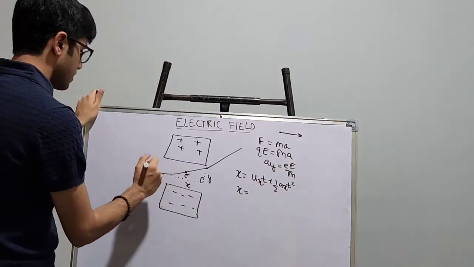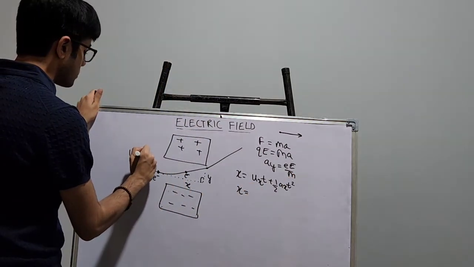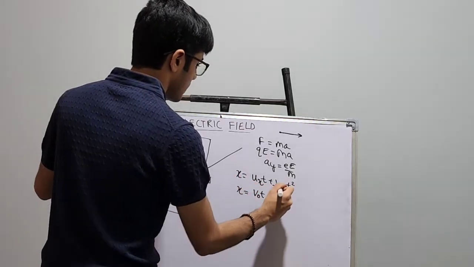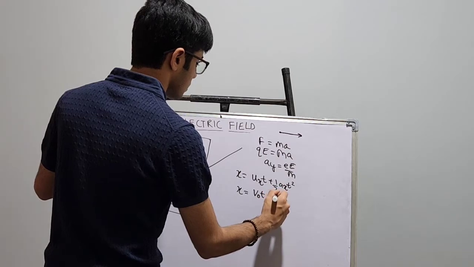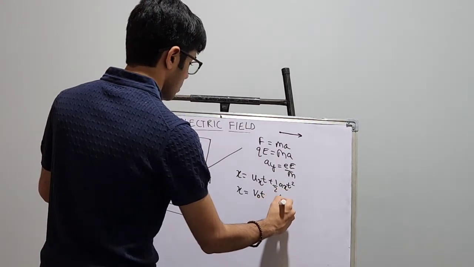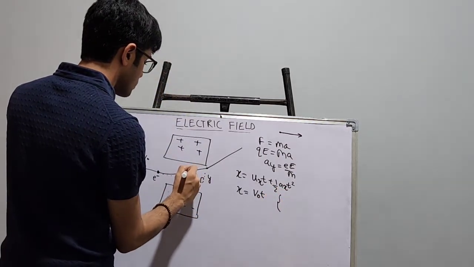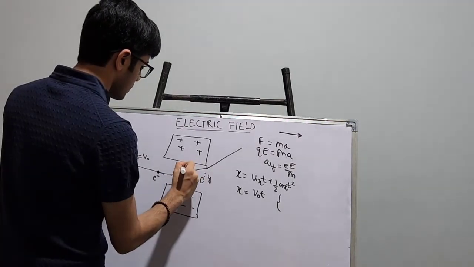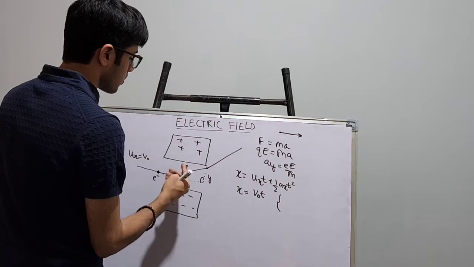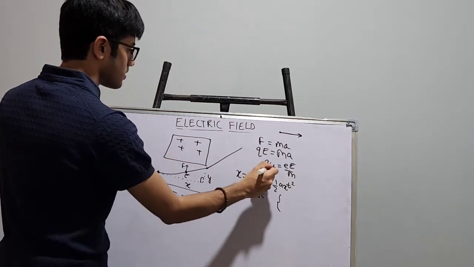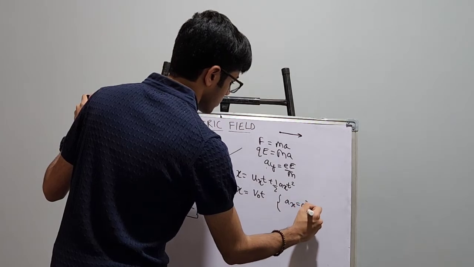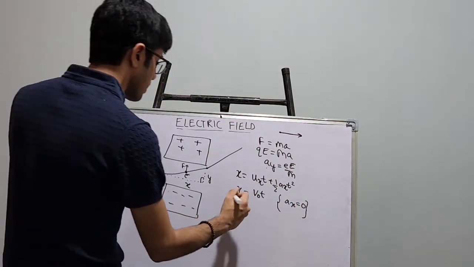Let's say the initial velocity in x direction is v naught. So x is equal to v naught t, and acceleration in x direction here is 0, because you can see that the force would act on the electron in this direction. So acceleration would only be produced in the upward direction, that is the y direction. So here acceleration in x direction is 0. x is equal to v naught t.